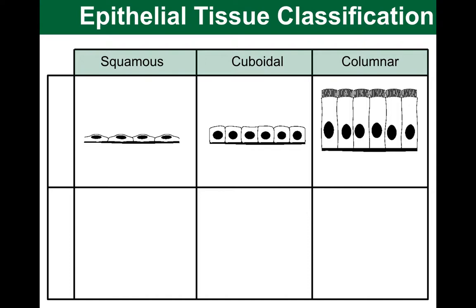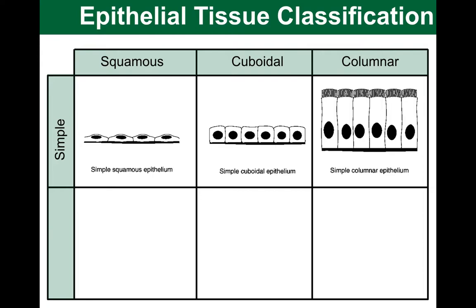But there is also another classification method. We can look at the number of cell layers in each epithelial tissue. So we can have simple, which simply means that it is only one layer. And in this case, we would call the first example that we saw simple squamous epithelium, while the second one would be simple cuboidal, and the third simple columnar.